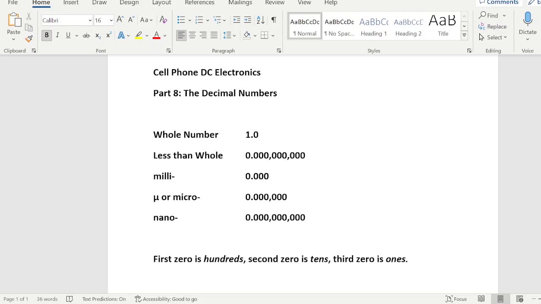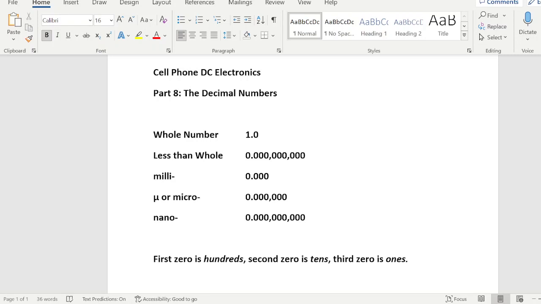Most of the time when you're measuring a volt, you're measuring within either an entire volt or a millivolt, which is the 3 zeros just behind the decimal. Anything behind the decimal, the first 3 zeros behind that decimal are always milli.